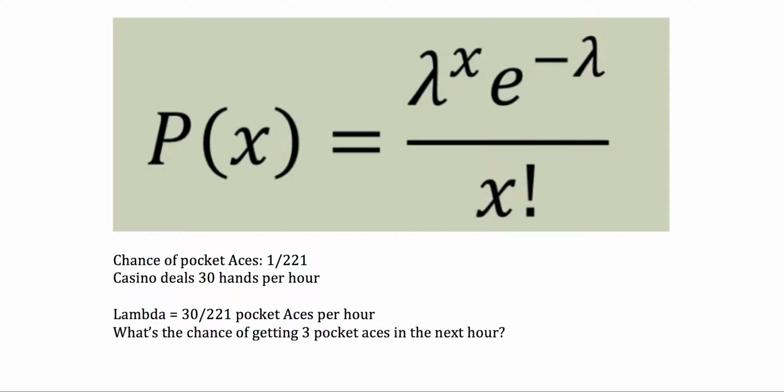So the probability that x equals 3 is equal to 30 over 221 to the power of 3, times e to the power of minus 30 over 221.